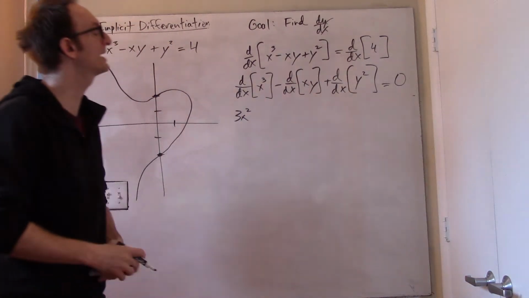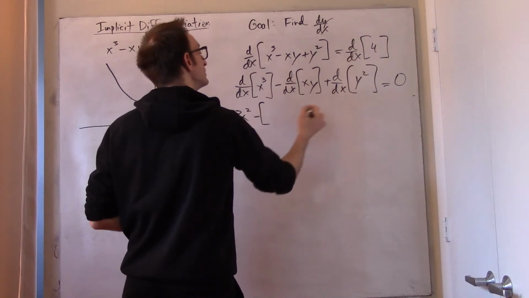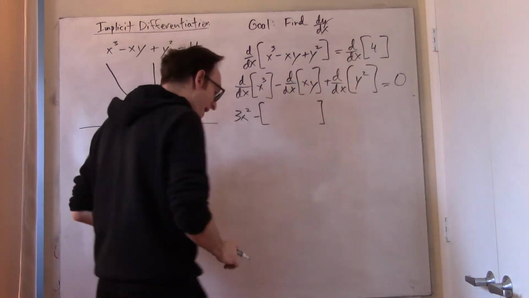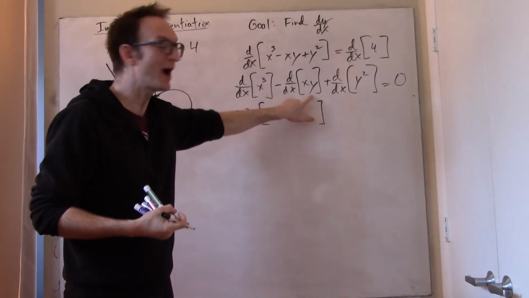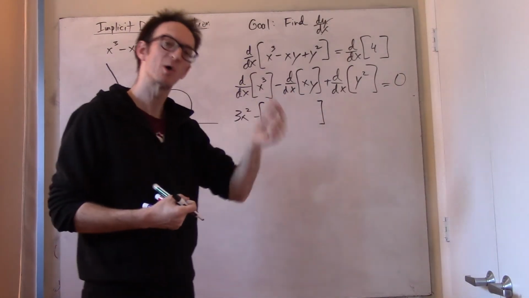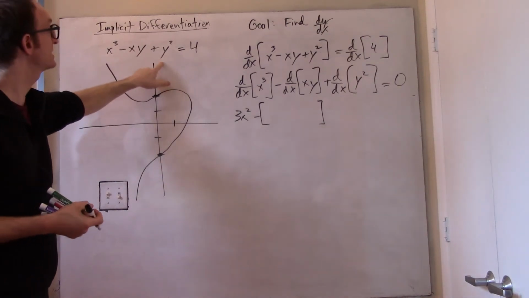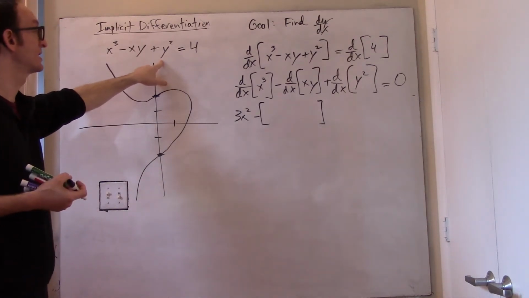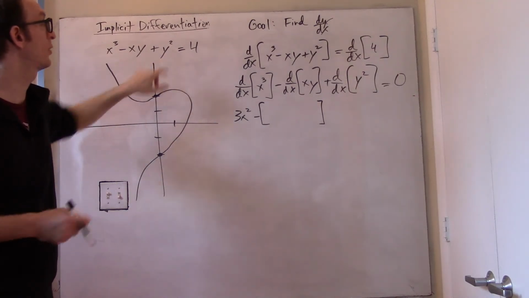But now we have to be kind of careful. I'm differentiating xy. So what is the derivative of xy? Well, what is y? Y is something that depends on x. And here, it would be very difficult, bordering on impossible, for me to write the equation of y.